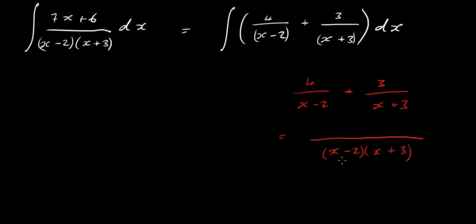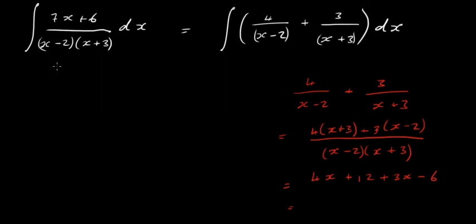Well, x minus 2 into this here will give me x plus 3, so I end up with 4 times x plus 3, plus x plus 3 into this here will give me x minus 2, so it's 3 times x minus 2. Multiply out the top, so you get 4x plus 12 plus 3 times x, 3x minus 6.